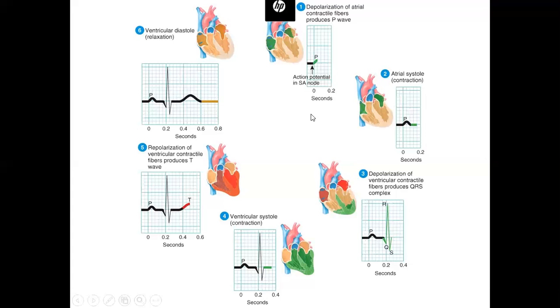Now you might be wondering, why don't we see anything for atrial repolarization? Because the atria must return to their resting membrane potential before they can contract again.